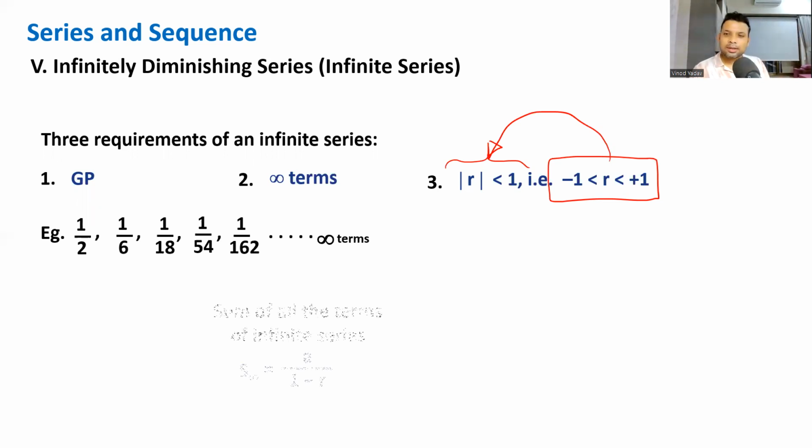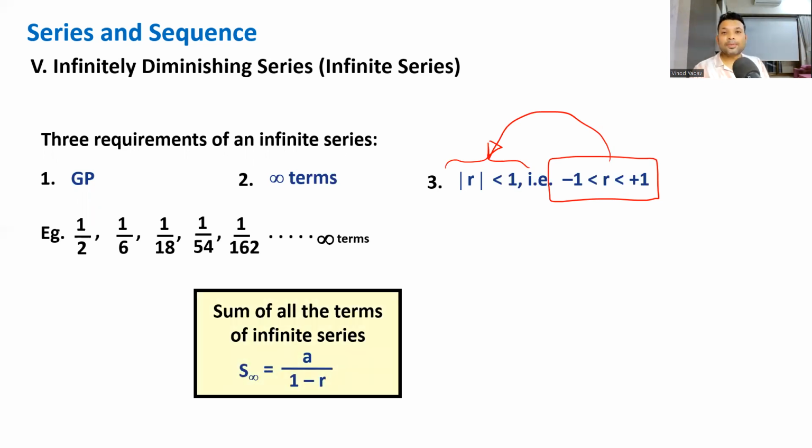In such a case, if you want to add all the terms, this is the formula. How did it come? Some time back, I had shown you one more version of Sn of GP. Check this. You know, friends, if R is between -1 and 1, then the value of R to the power n, as you keep increasing the power, will approach zero.